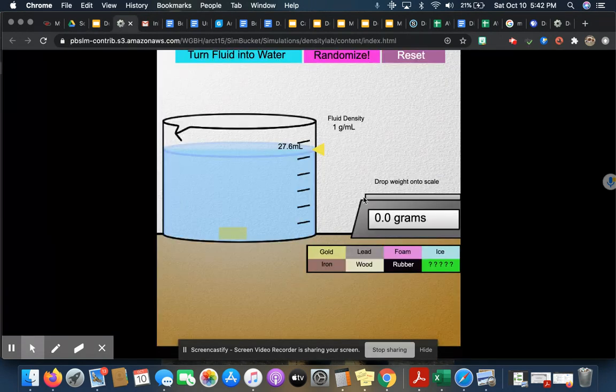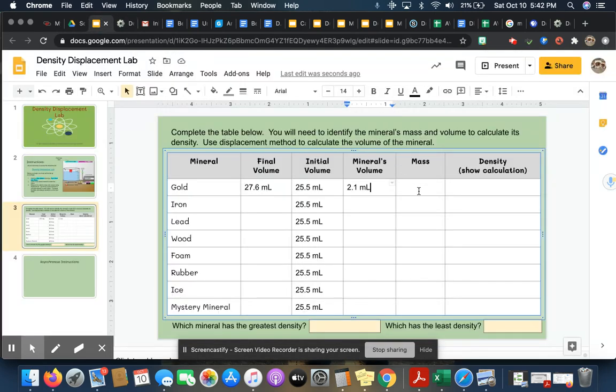Now let's go back to the lab. I'm going to pull my little gold out and put it on the scale. Right now the scale says 0. But after I place it on there, this tells me that my little piece of gold has a mass of 40.53 grams. I'm going to come back here. 40.53 grams.